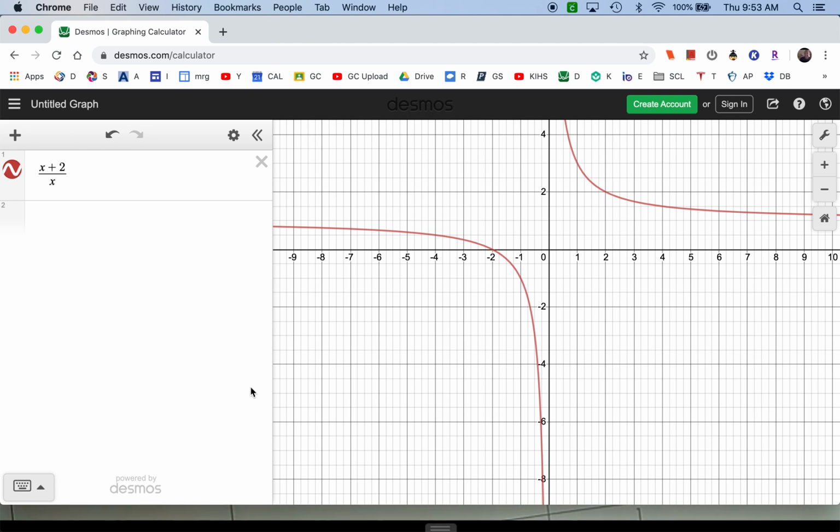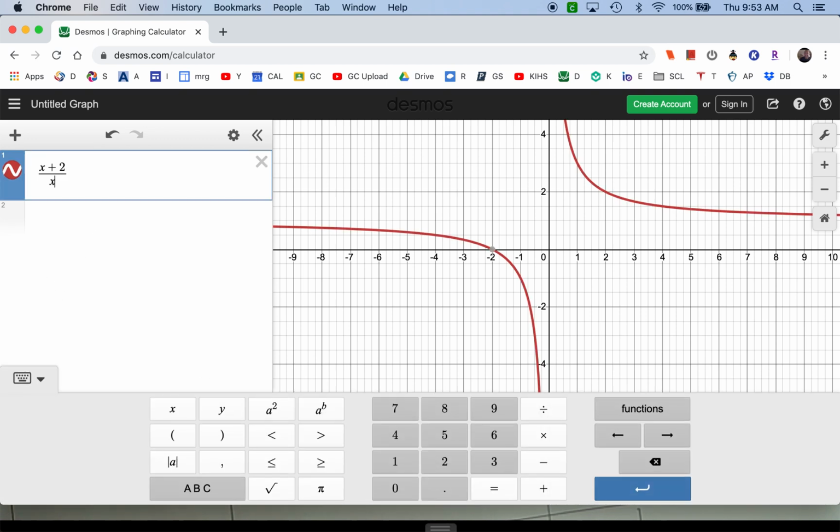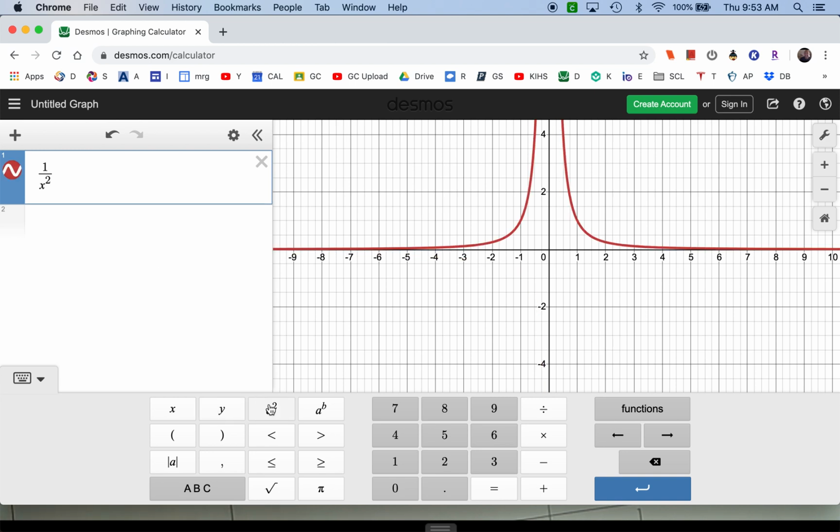Number 12. Can you find that limit? So again, we're going to type it in together. That's 1, and that's x squared subtract 2x plus 1. And it says as x approaches 1 for this one.